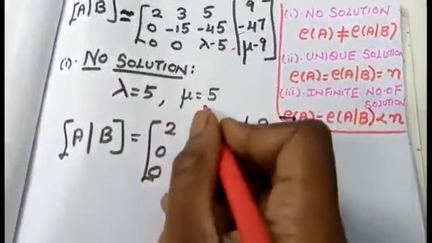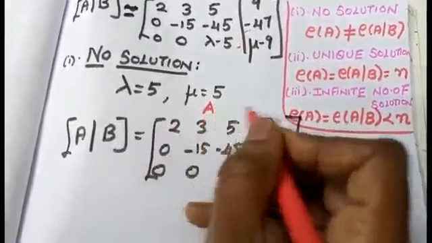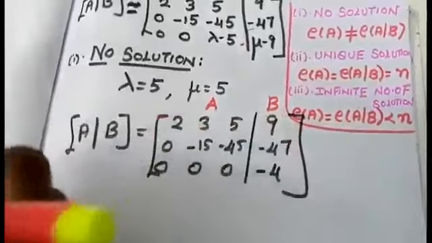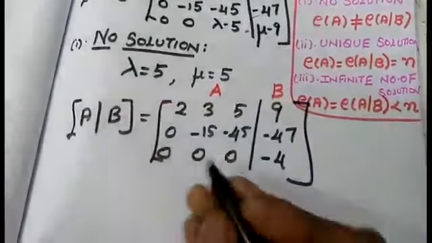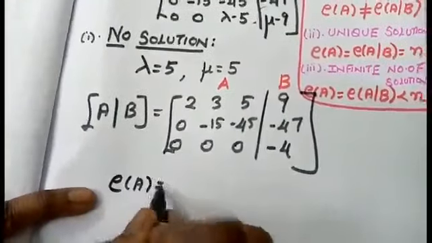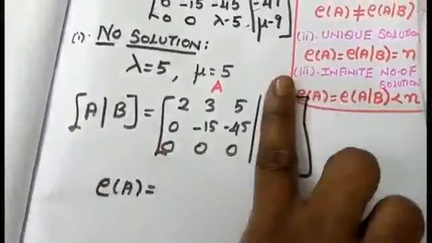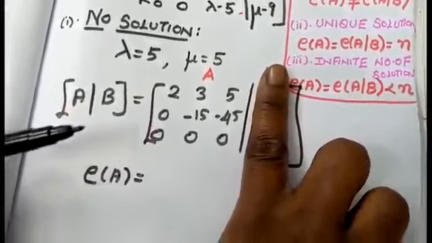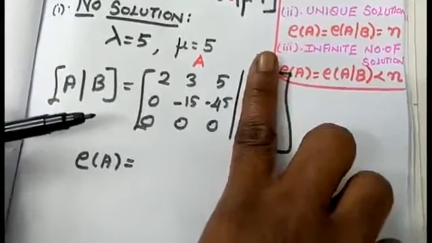This is known as matrix A and this is B. Now just see, students, if you check the rank of A, just hide this one. If you check the rank of A, you will get 2 because the last row is fully 0.